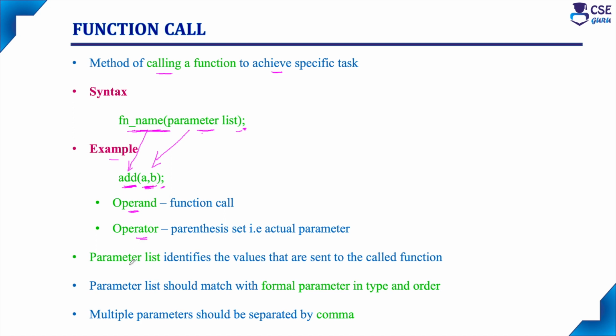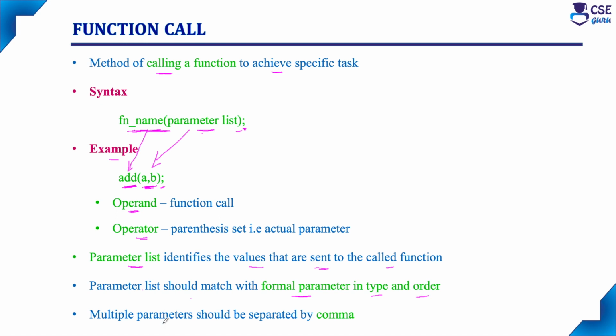The parameter list identifies the values that are sent to the called function, and the parameter list should match the formal parameters in type and order. That is, the number of parameters, the type of the parameters, and the order of the parameters, everything should match between the actual parameters and formal parameters. If you change anything, it will raise an error.